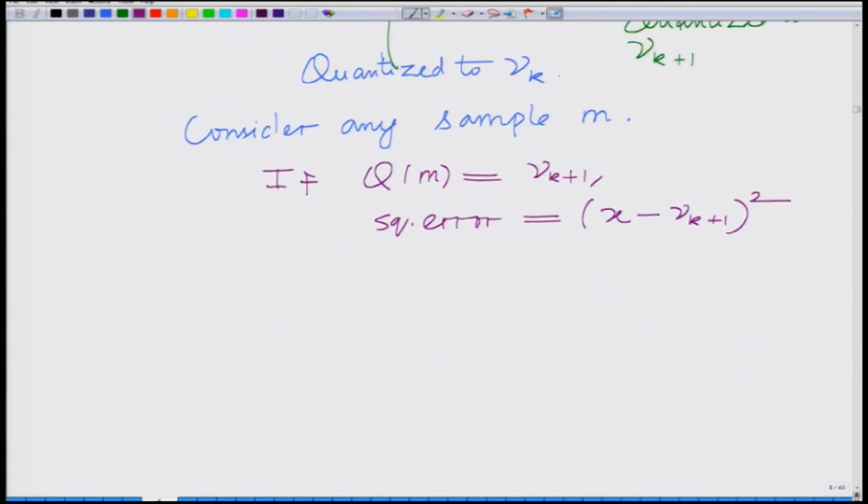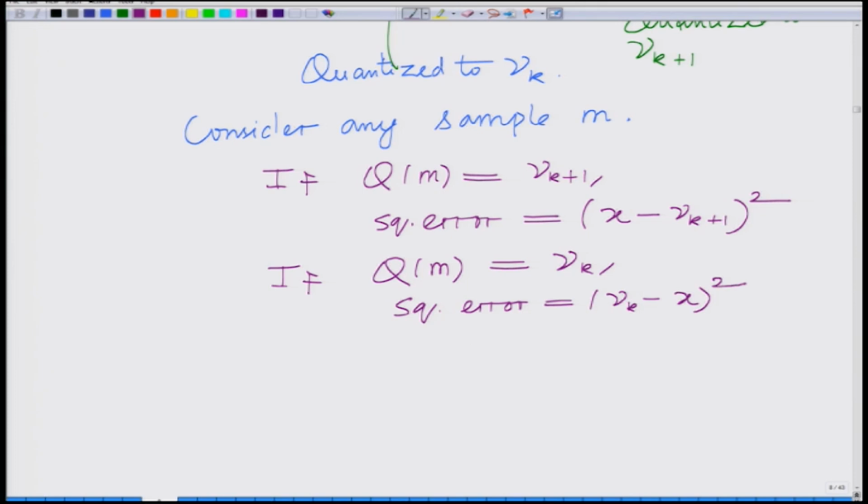Similarly, if q of m equals nu k, the square error is m minus nu k whole square.